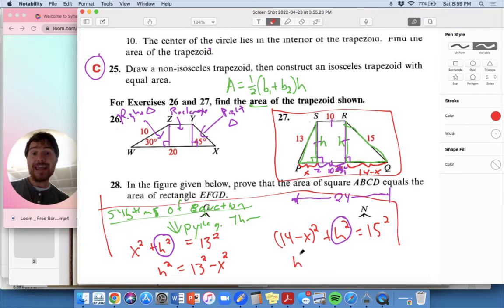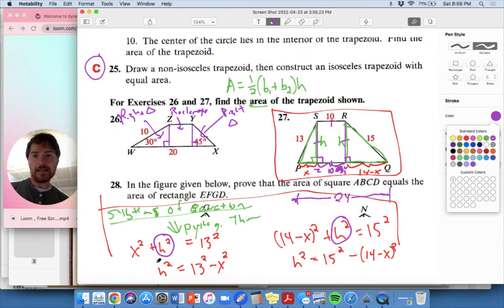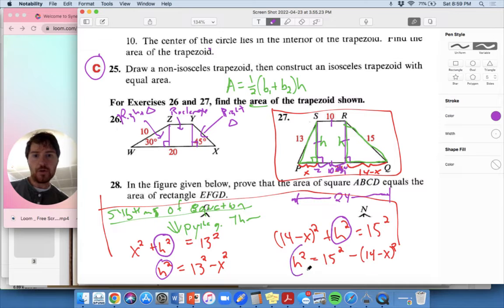I'm going to get H squared equaling 15 squared, and I'm going to subtract this quantity, (14 minus X) squared, because check it out. I have now isolated H squared on both of these equations. So I know that 13 squared minus X squared and 15 squared minus (14 minus X) squared equal the same thing, because of the Pythagorean Theorem and because we isolated H squared.